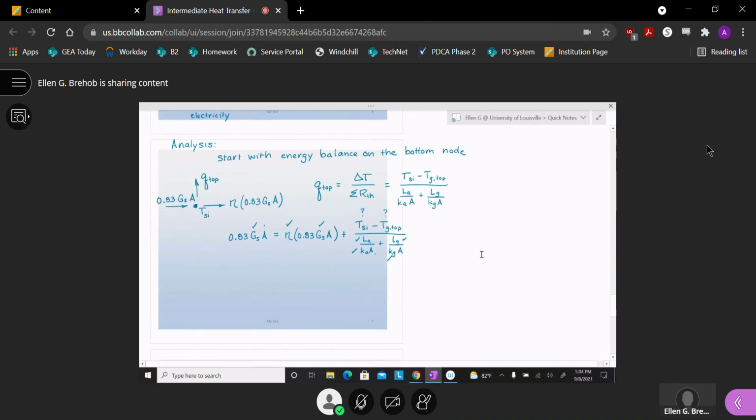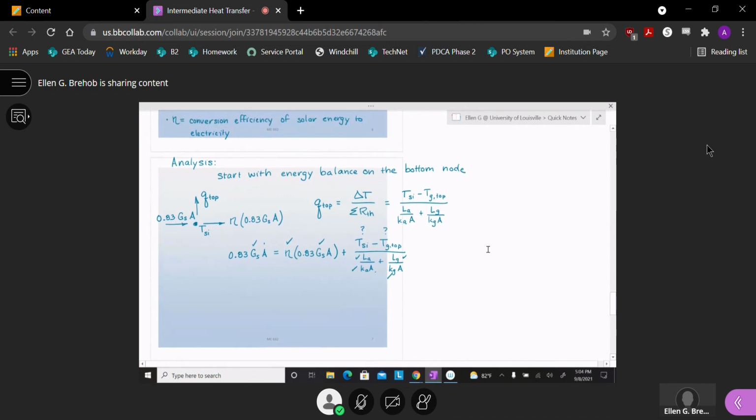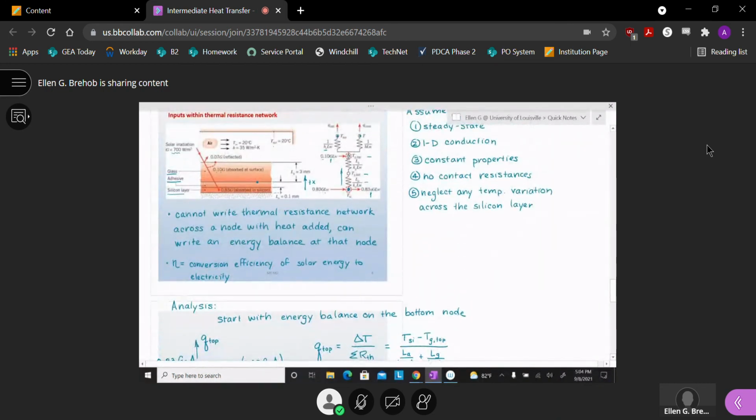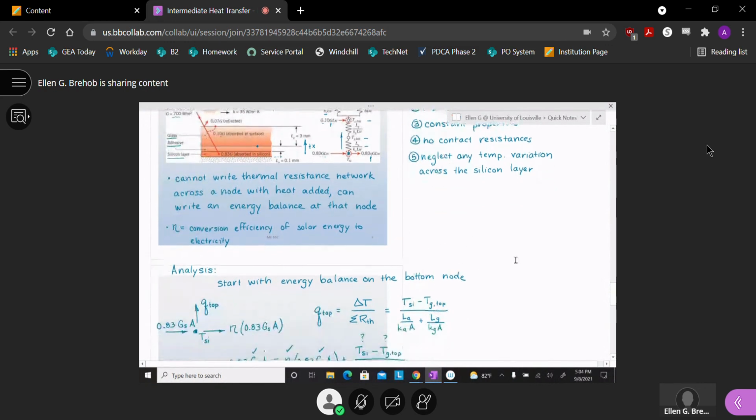So the next thing we're going to do is try another energy balance on another node. And I'm going to pick the place where we have this, looking at this top of the glass temperature given.